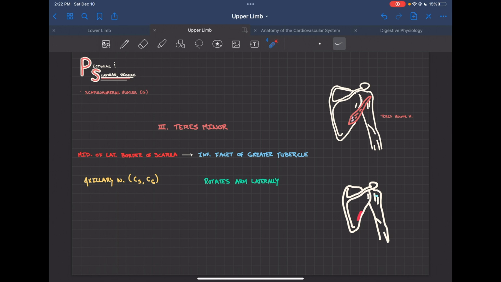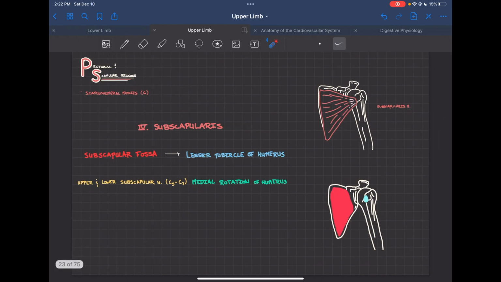So just to remind you guys, this is a posterior view of the scapula. Now we're going to look at an anterior view for this last muscle, right? So now we're looking at the opposite side. So as we can see, subscapularis is this 4th muscle, and it takes up the whole view of the scapula. So it sits in the subscapular fossa, and then it runs to the lesser tubercle of the humerus, because now we're on the other side.